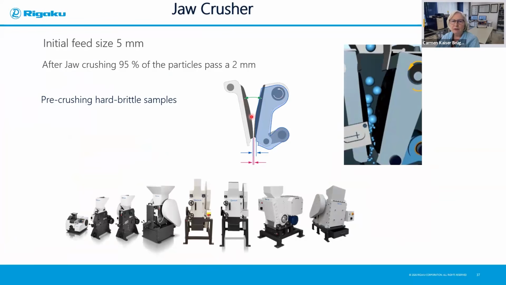So the reduction is to have 95% of the particles passing at least 2 millimeters, because you get big particles that need to be reduced. So we get different types of jaw crushers available, bench top ones, bigger ones. So usually samples may need primary jaw crushing followed by secondary jaw crushing, depending on the needs.